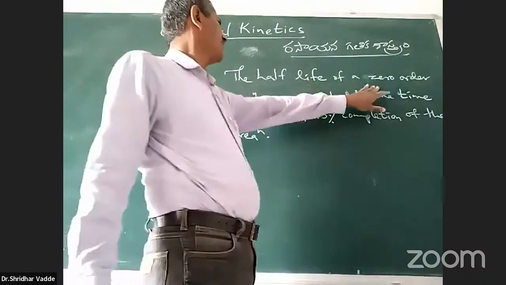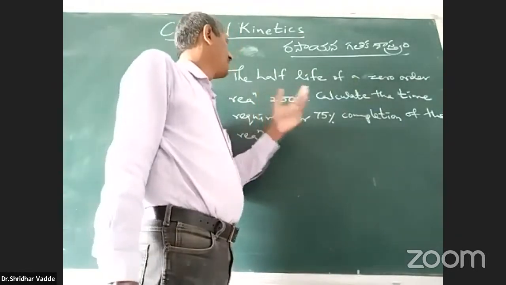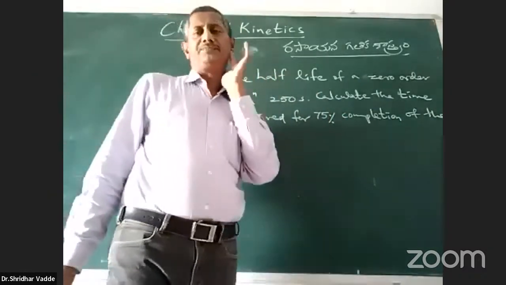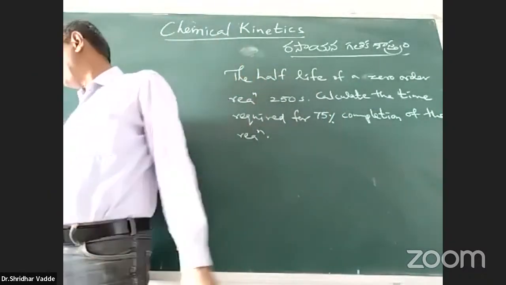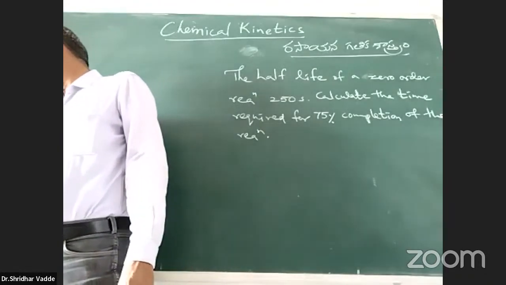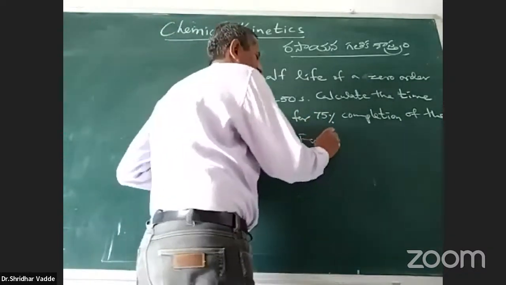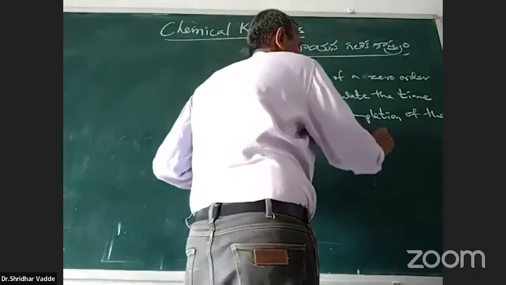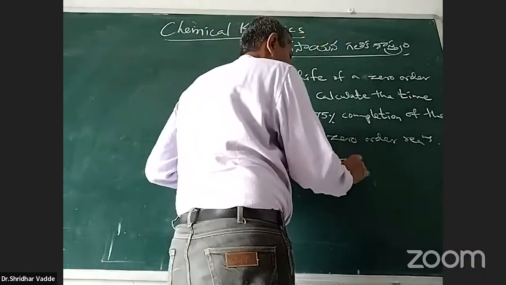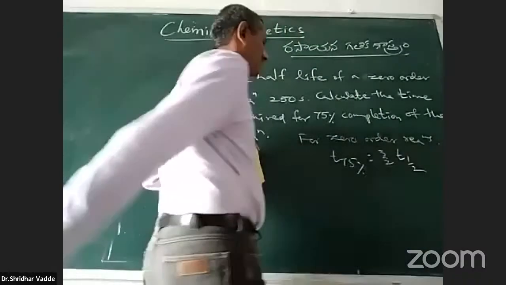The half-life of a zero order reaction is 250 seconds. So how much time does it take for the reaction to be 75% complete? Here we know very well for zero order reactions one principle is: t 75% is equal to 3 by 2 into t half.